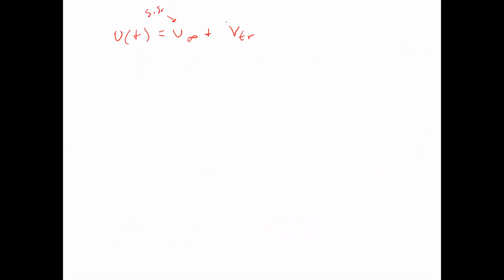So v of t equals v infinity plus v transient, right? So this is the steady state and this is the homogeneous.